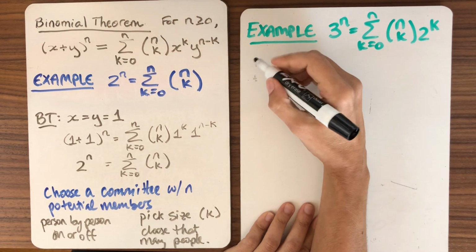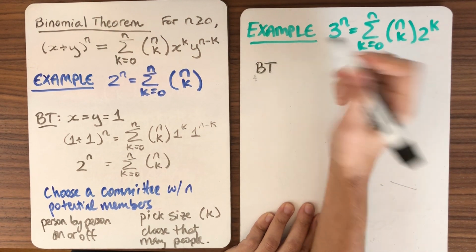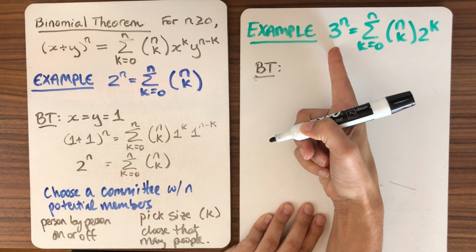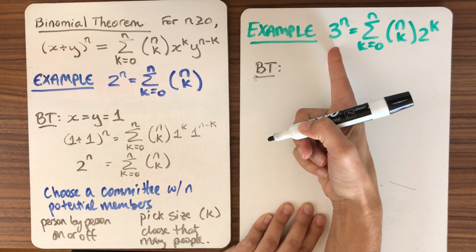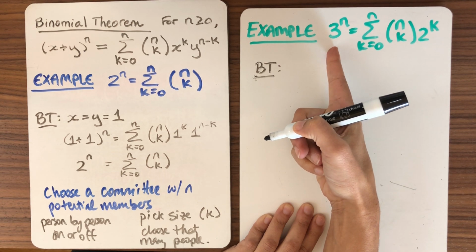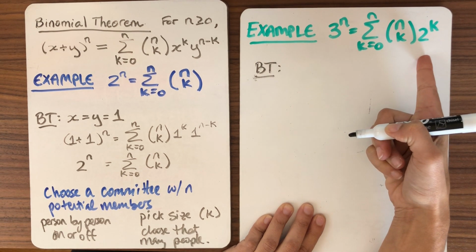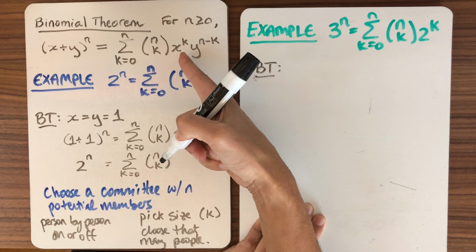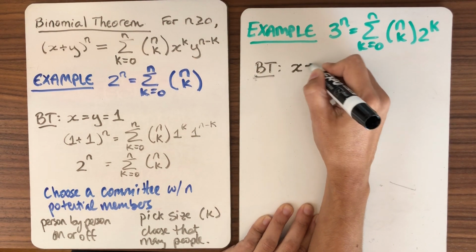The binomial theorem says what? Here I want to get 3^n, but there are lots of ways to get 3 by adding two numbers. So that's not the side that's going to help me figure out how to apply the binomial theorem. It's really this side. I've got my binomial coefficient, which tells me the binomial theorem applies, and I've got 2^k, so I know what x is. x is 2.